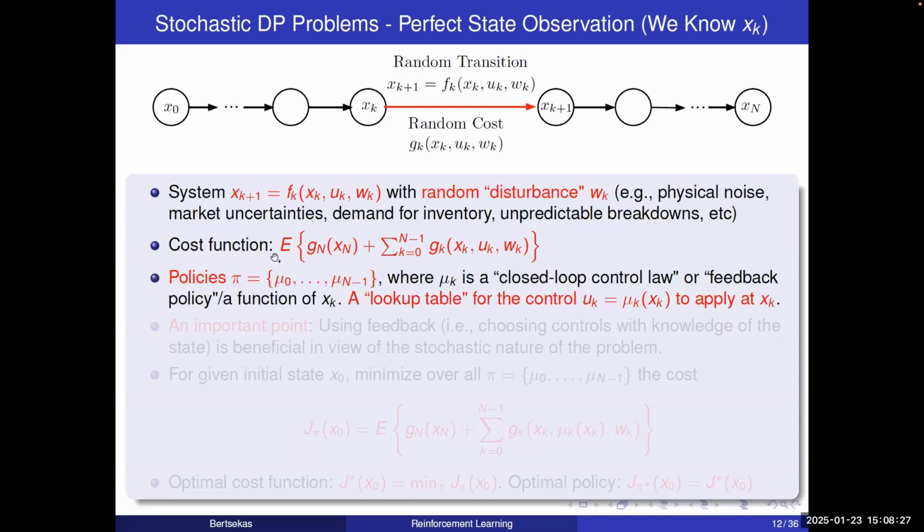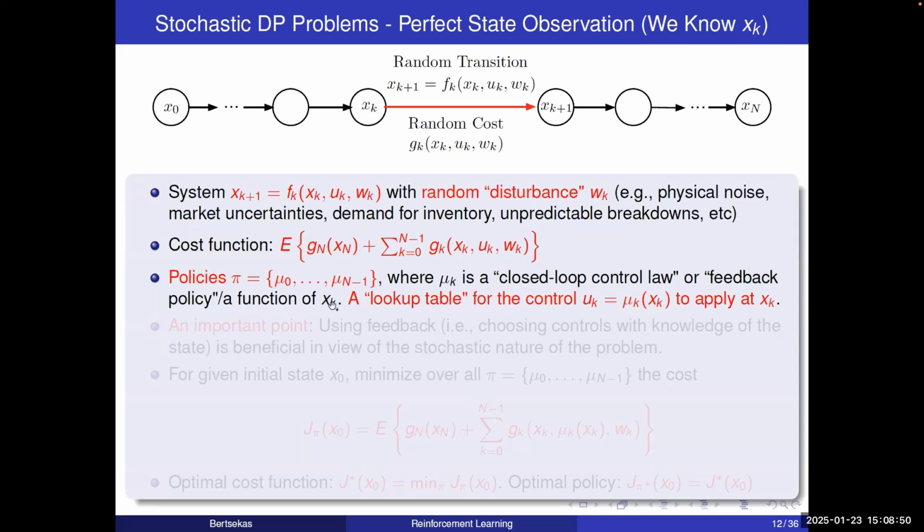Now, the other important thing to note is that here it's important to minimize over policies, mu0, ..., mu k plus 1, not sequences of controls, but sequences of functions of xk, or what some people call strategies.